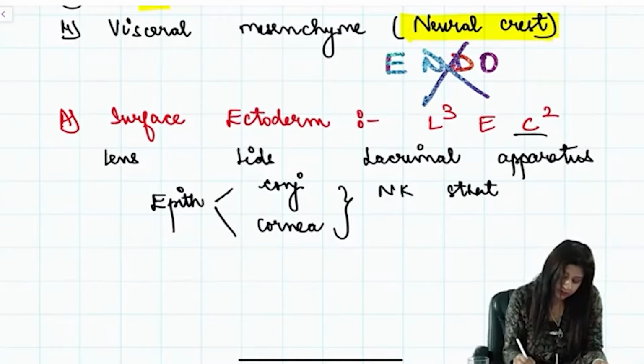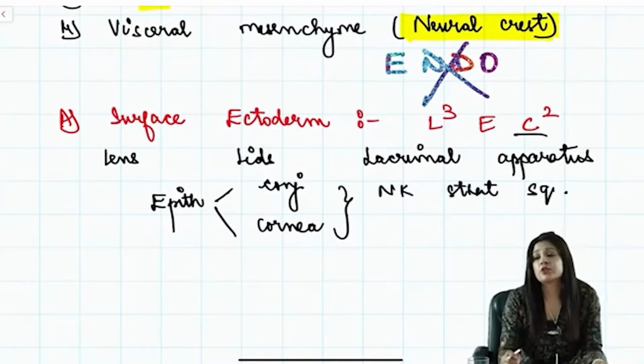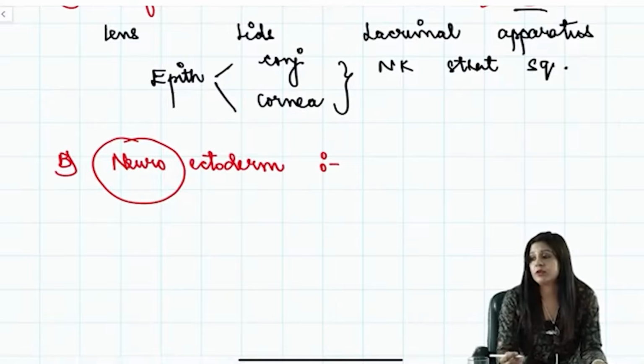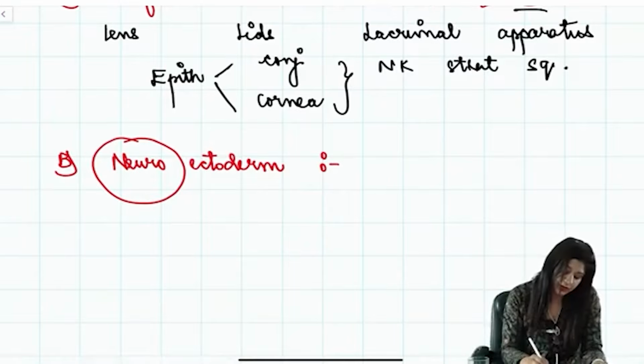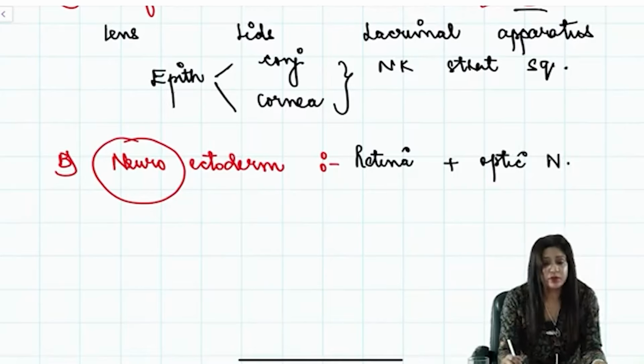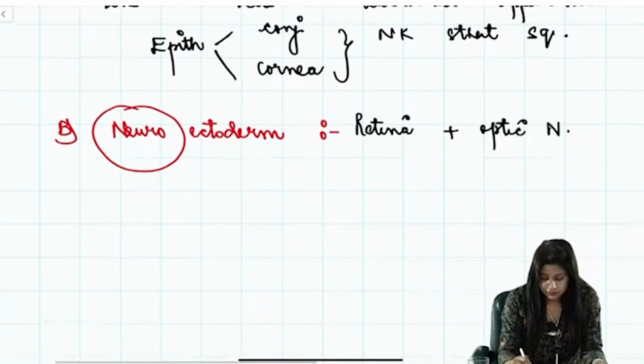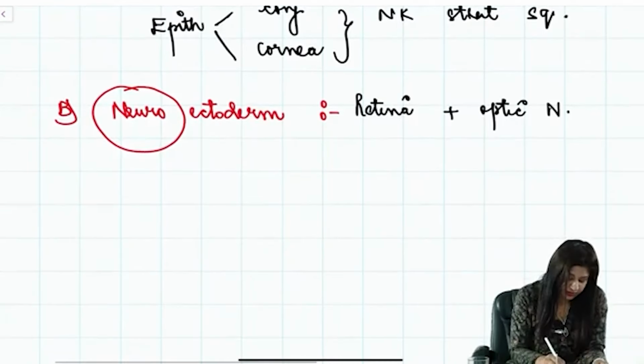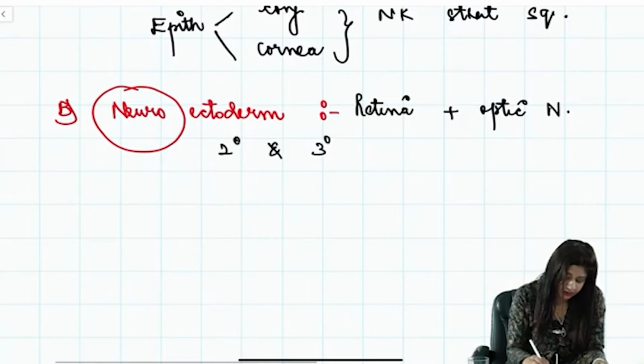Right? The nervous coat, the inner coat, will develop from here, like the retina along with the optic nerve. Along with this, we have secondary and tertiary vitreous.